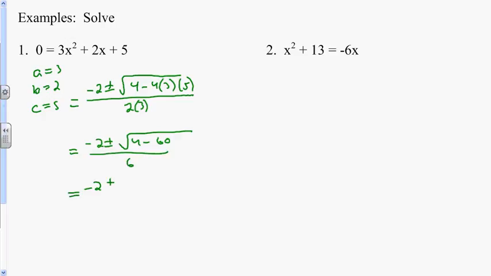Negative 2 plus or minus square root of negative 56, all over 6. We have an i in the square root there, so it's negative 2 plus or minus i square root of 56, all over 6.